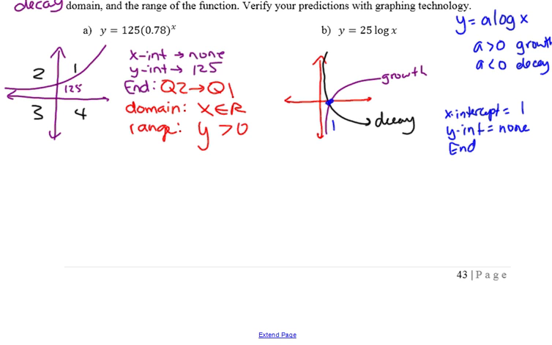For this guy, it's a growth, so it would be 4, 2, 1. And then domain, x is greater than 0. It never touched the asymptote at x equals 0. And then range, are there any restrictions? Y is an element of the reals, forever up and down.